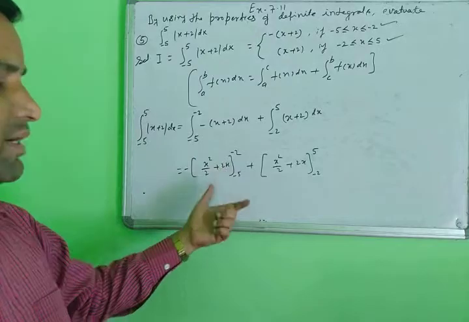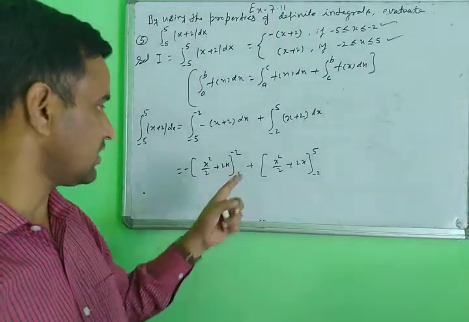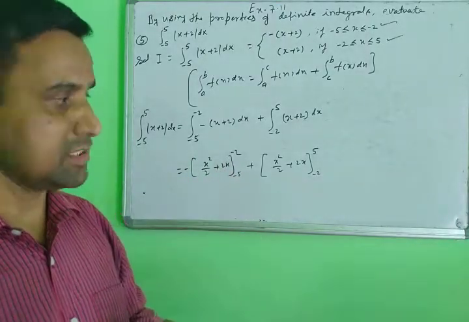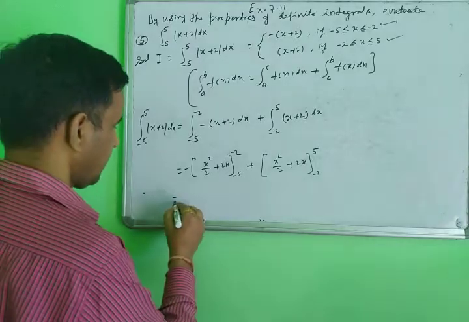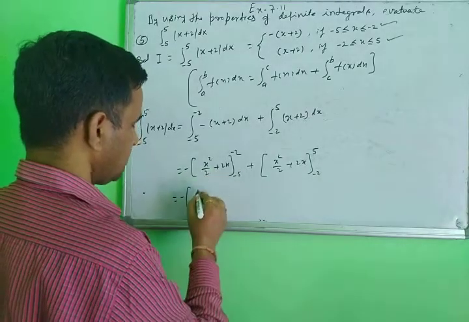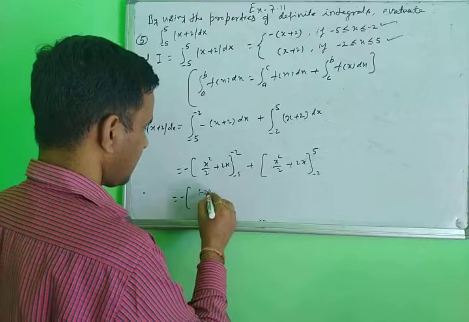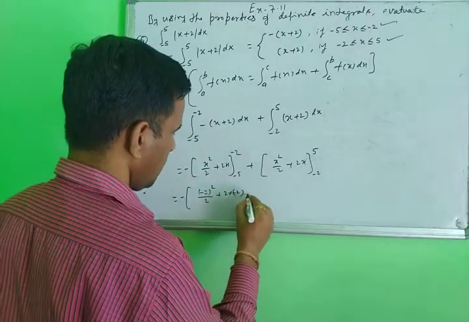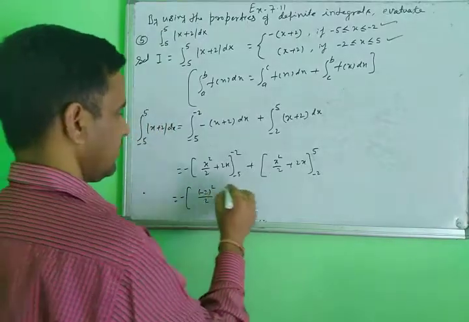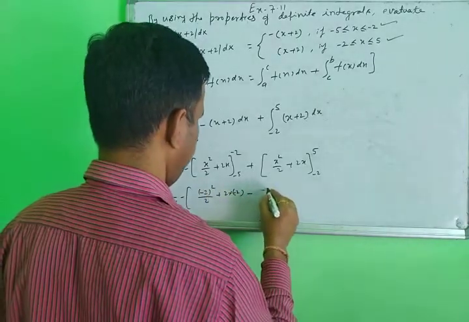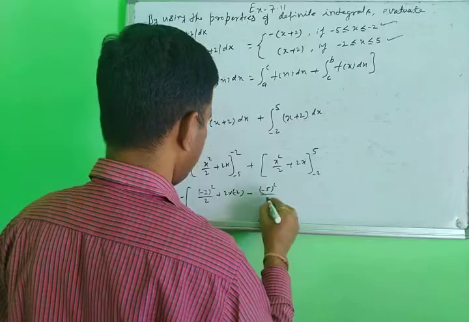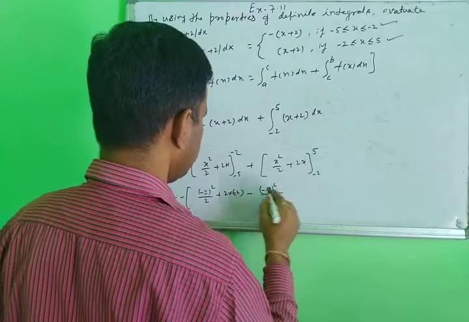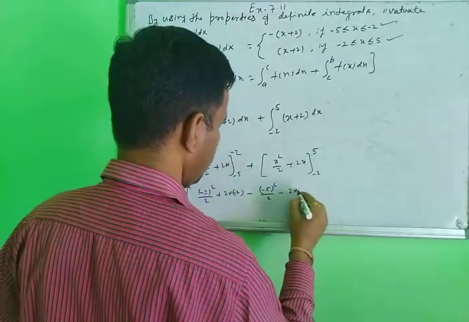Now, when you apply the limits, calculate very carefully and don't make a mistake in the calculation. The minus sign is outside, so it is -2 squared upon 2 plus 2 into -2, then minus, -5 squared upon 2 plus 2 into -5.